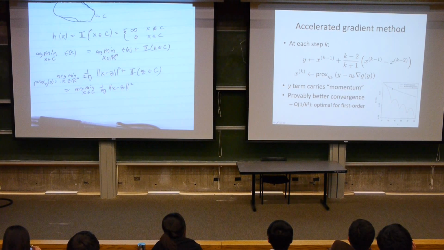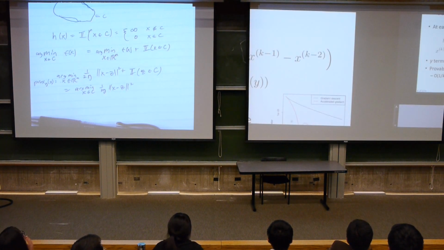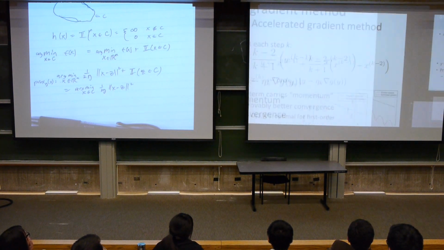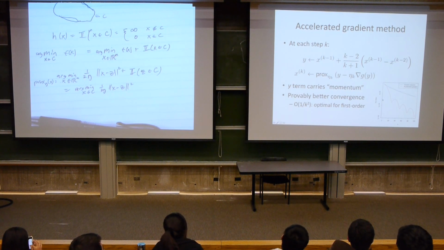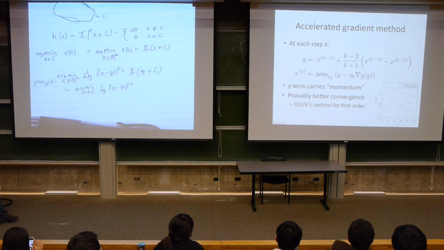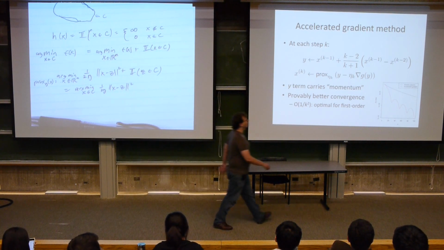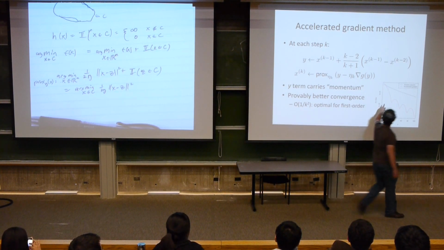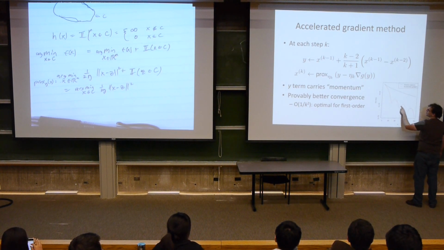So here's an example. Sorry, the picture's small. Here, does this zooming in thing work? No. Okay. So you can kind of see it. This is an actual example of, I think, solving lasso. So gradient descent is this blue line here, where it's going down smoothly. It never increases, but it's not going down very fast, compared to the accelerated gradient method, which goes down way faster, but sometimes it jumps up.